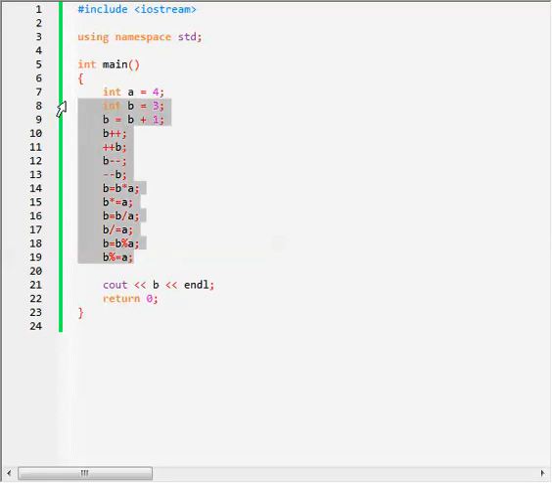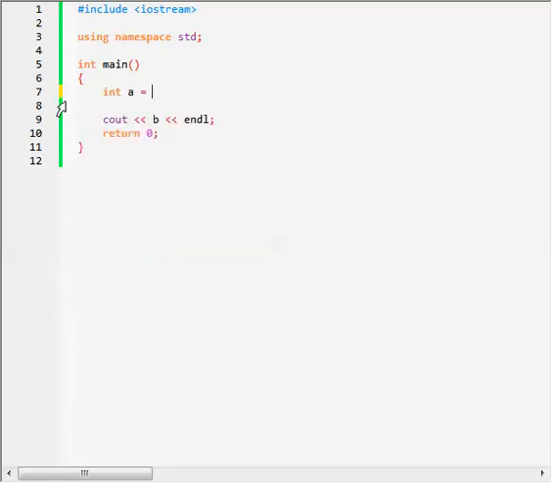If I were to do int a equals 0, and then I said double b equals 2 and double c equals 3, well, if I said a equals b divided by c, the answer would be 2 divided by 3, which would be 2/3 or 0.666, and then that would be shoved into a.